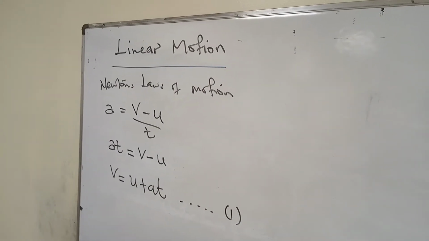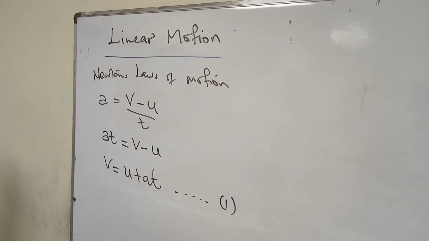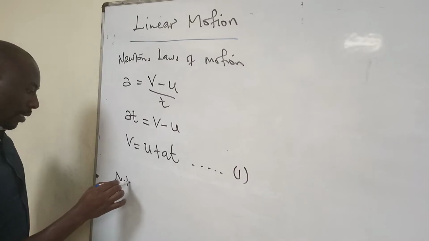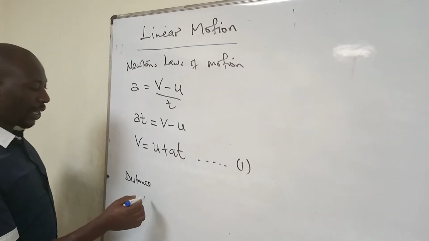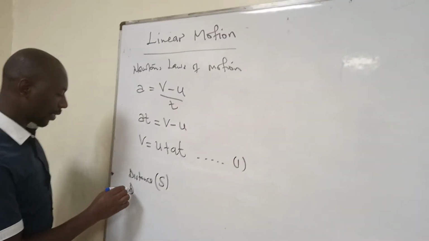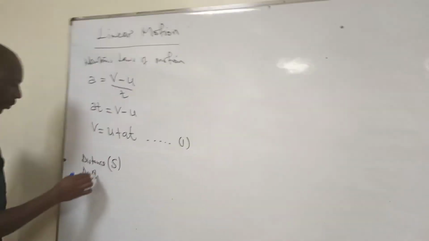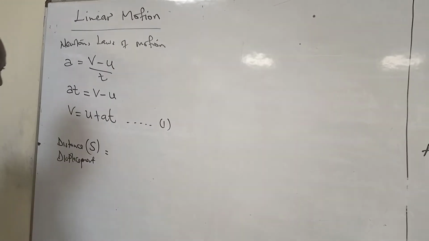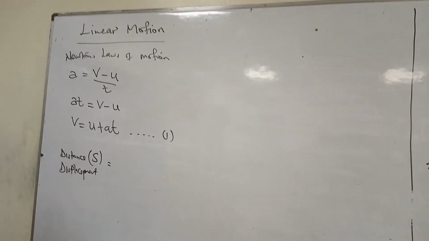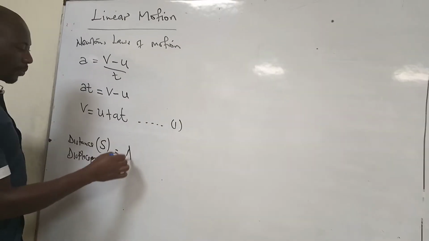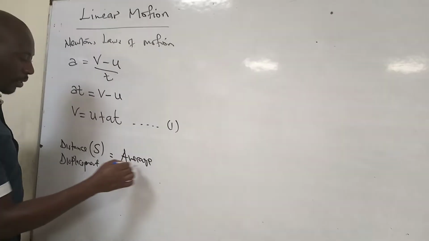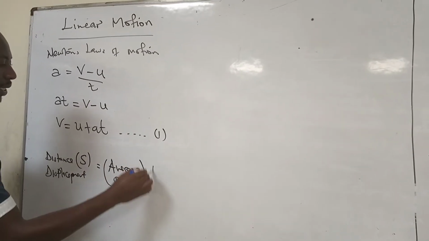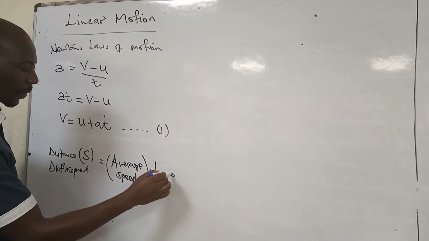Then again, we know that distance, which we denote with s, or displacement, we denote with s, is given by average speed multiplied by time taken.